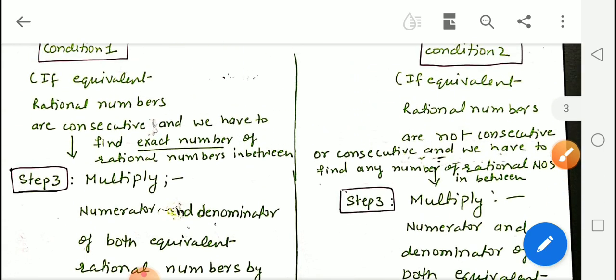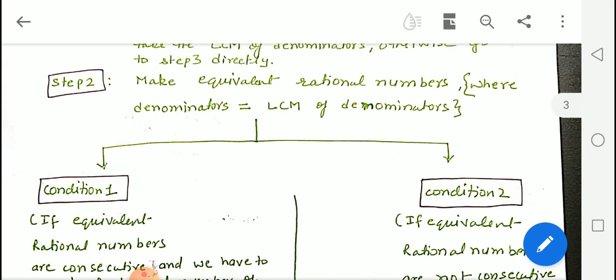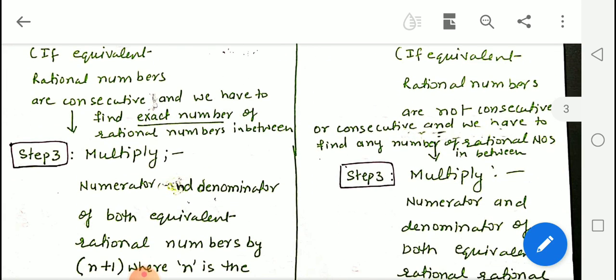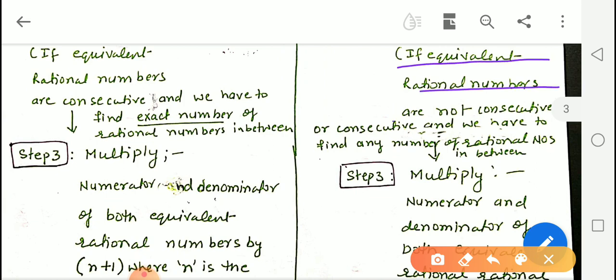Our second condition, after taking the LCM, is that the equivalent rational numbers are not consecutive, or they may be consecutive, and we have to find any number of rational numbers. Means no specific number is given and we have to find the rational numbers in between them.